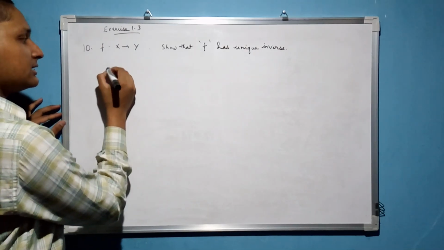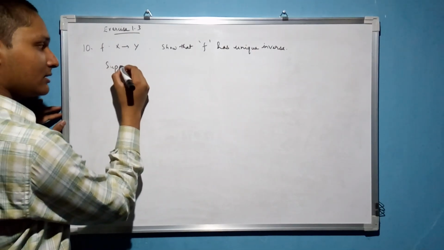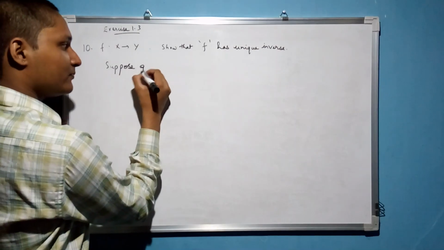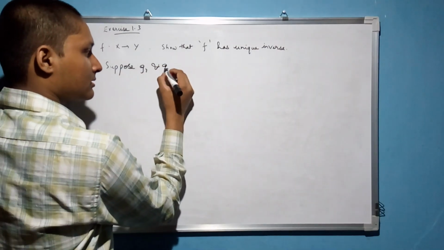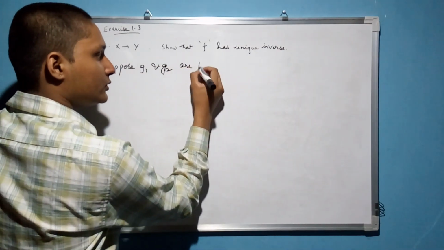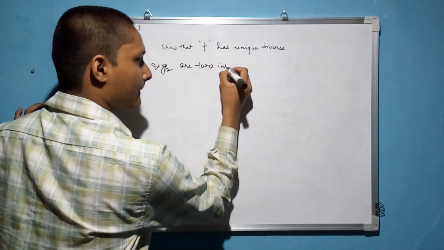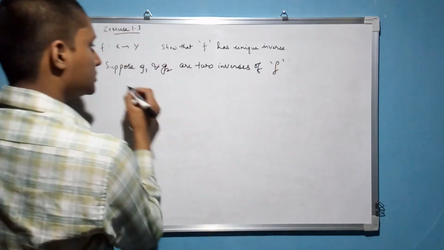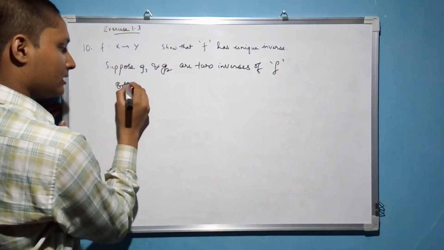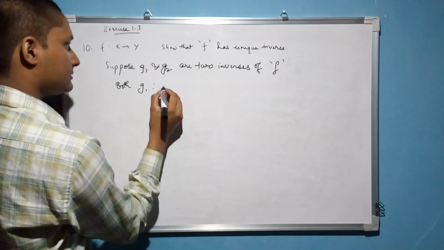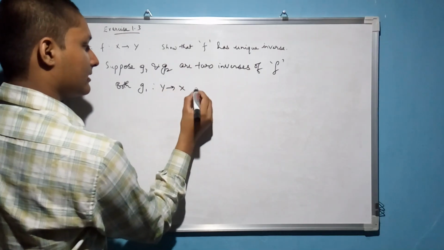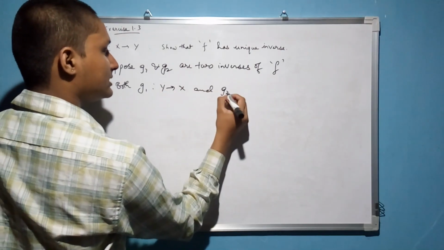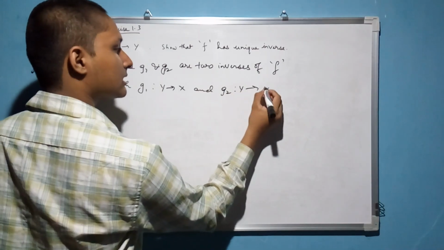So suppose g1 and g2 are two inverses of the given function, that is f. So g1 is from set y to x and g2 is from set y to x.